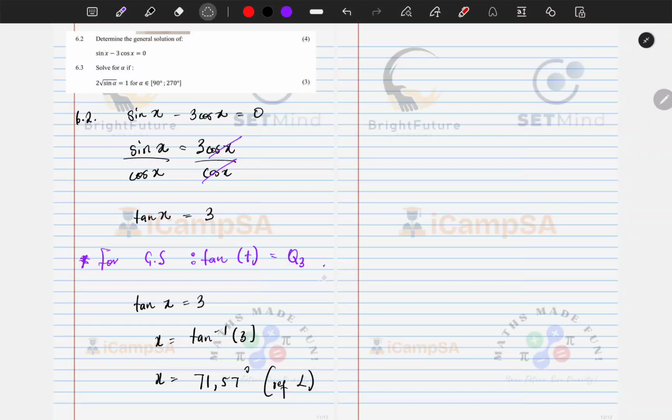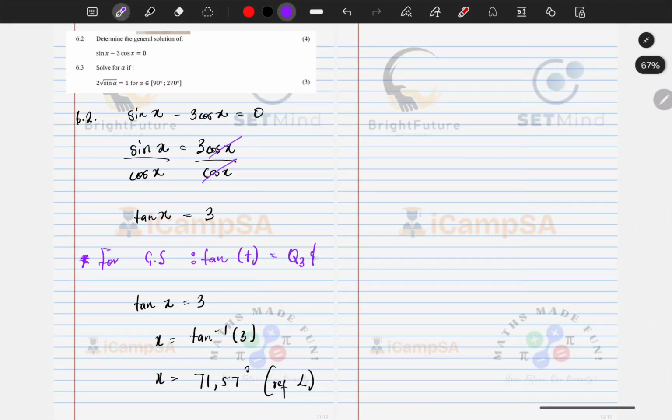So it's going to be quadrant 3 and quadrant 1, right?